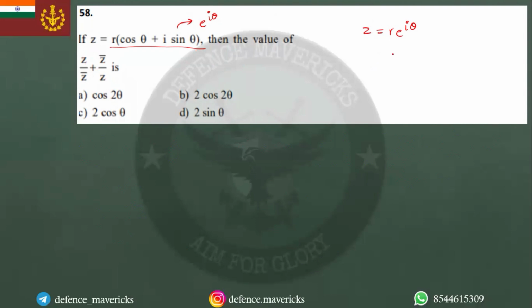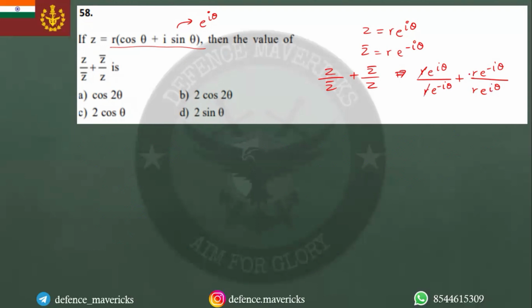Whenever we have z bar, that means we put theta as minus theta. Z bar will be r e power i minus theta. So z by z bar is the first expression, and the second expression is z bar by z. So z by z bar will be r e power i theta divided by r e power minus i theta, plus the opposite of this.